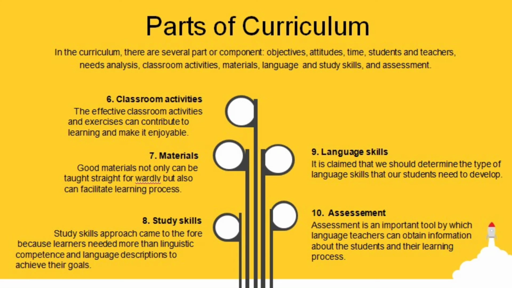Classroom activities. Effective classroom activities and exercises can contribute to learning and make it enjoyable for the students in the learning process. And 7. Materials. Good materials not only can be taught straightforwardly but also can facilitate the learning process.